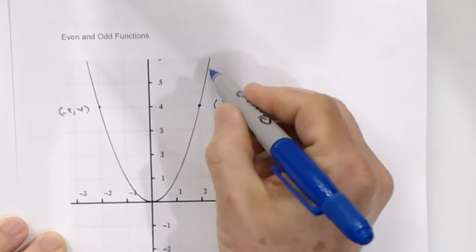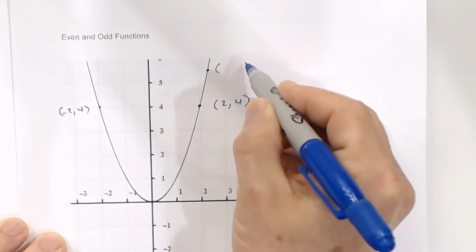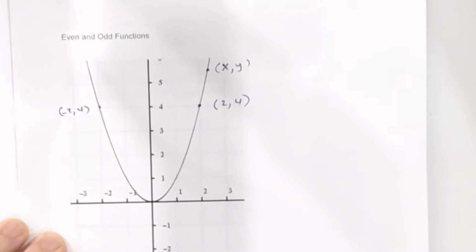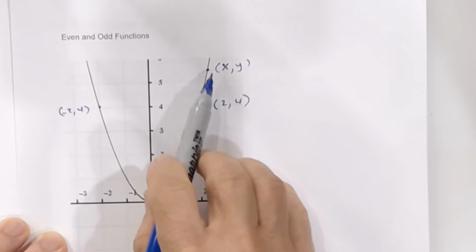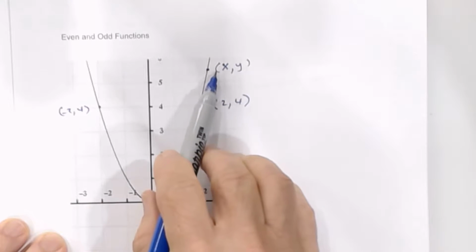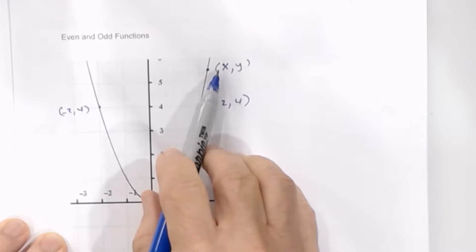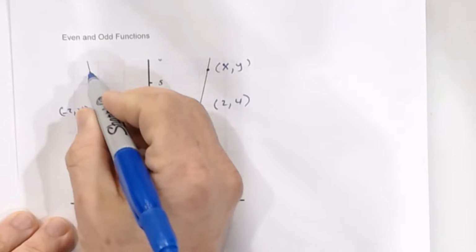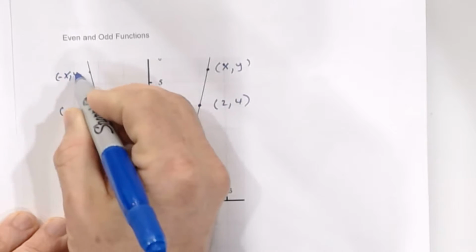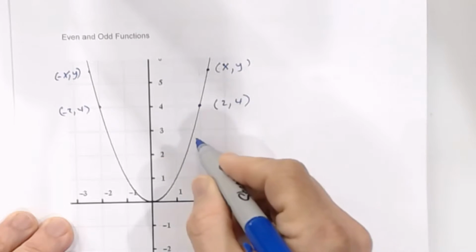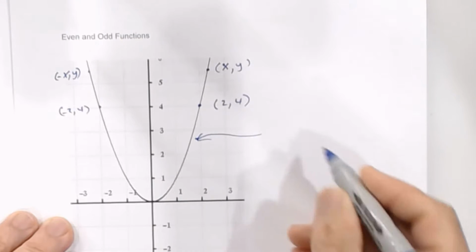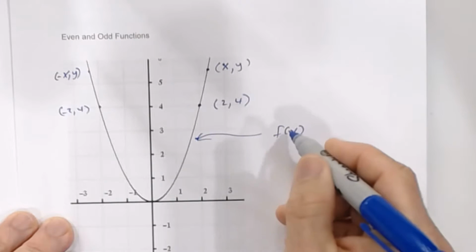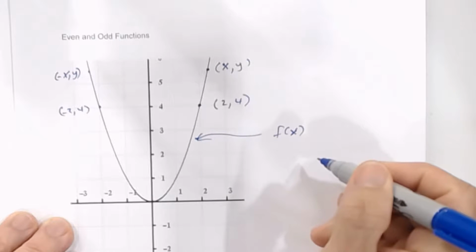So if this point right here, I'm just going to call it x, y, is on the graph of an even function, then what other point needs to be on that graph? Negative x, y. And if I'm calling this function f of x, remember, f of x stands for the same thing as what letter?